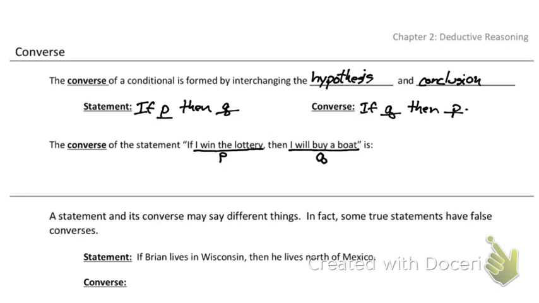So rather than it being, if I win the lottery, we're going to take this Q and put it in its place. So the converse of the statement is going to be if, and sometimes you have to change the wording a little bit. Like, if I will buy a boat, kind of doesn't make sense.